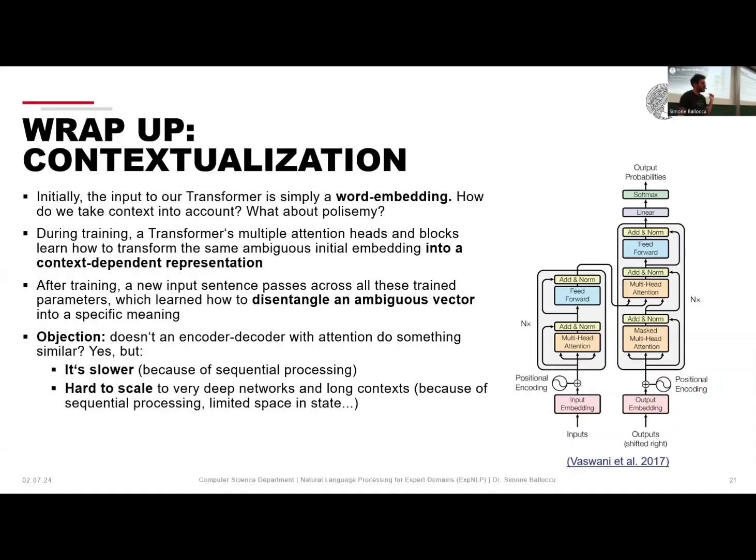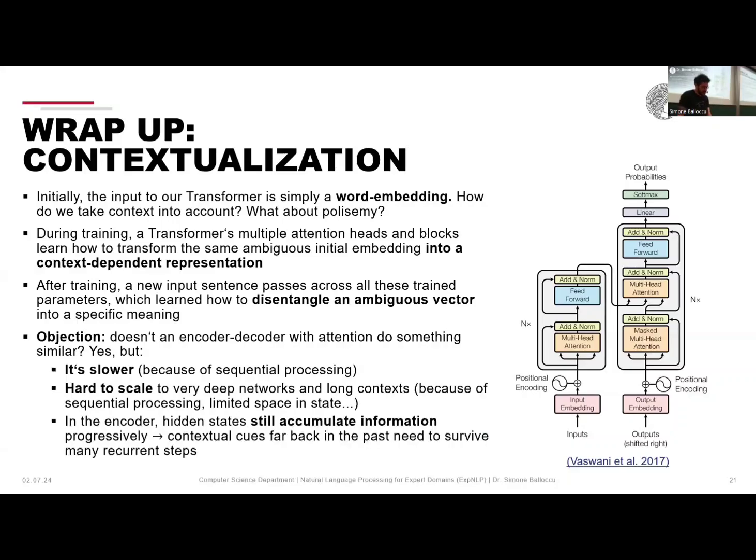But you will see with BERT, the model can scale to many, many parameters and many, many hidden layers. And also in the encoder, the states still accumulate progressive information, so at some point it's less about the token and more about the whole context. So you may argue that the transformer does it a bit better because it keeps modeling token-by-token interaction. And this is the end of the first part.